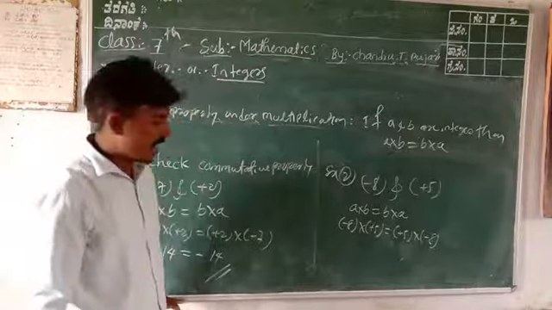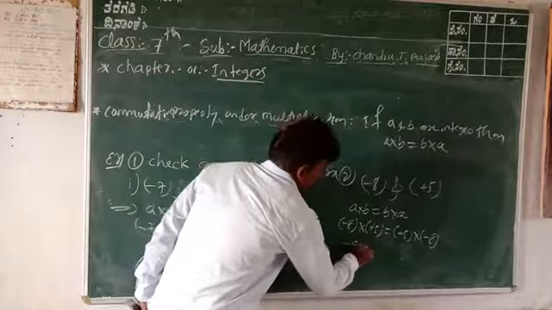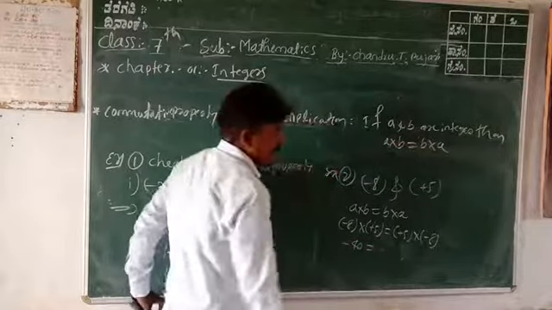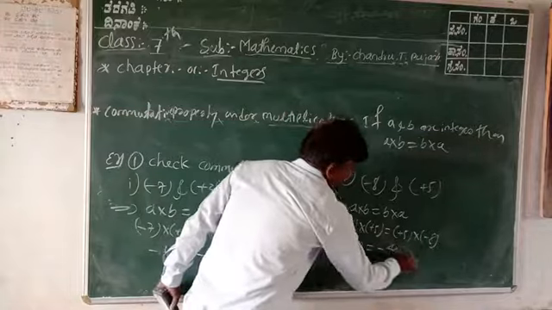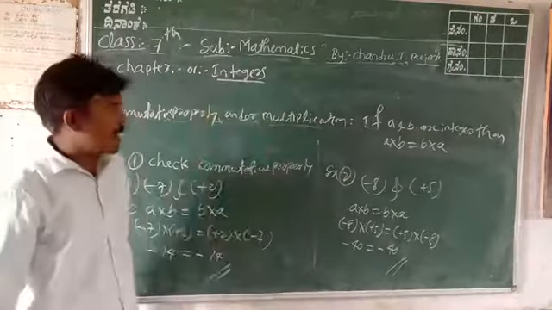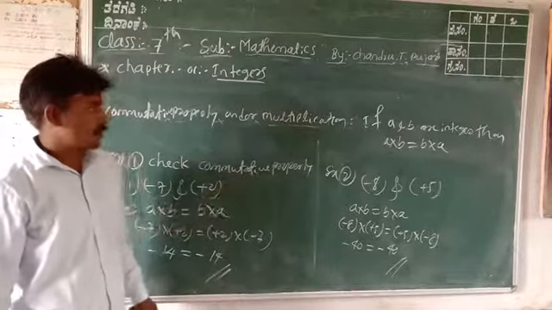Therefore, simplification: minus into plus is minus, 8 5s are 40, is equal to, again plus into minus is minus, 5 8s are 40. Therefore, LHS is equal to RHS. Our commutative property under multiplication also holds good.